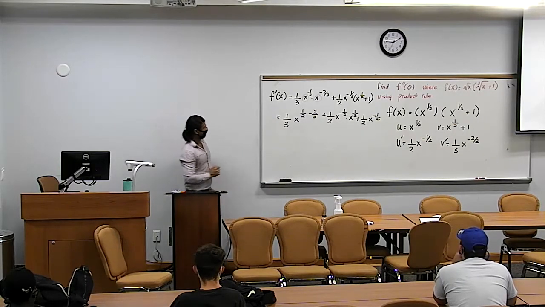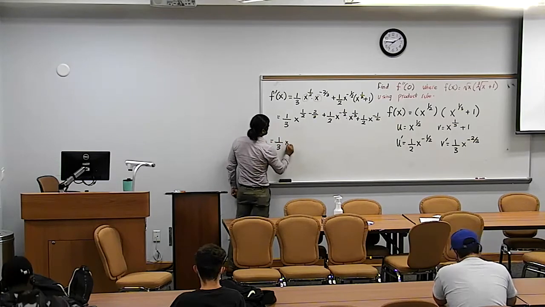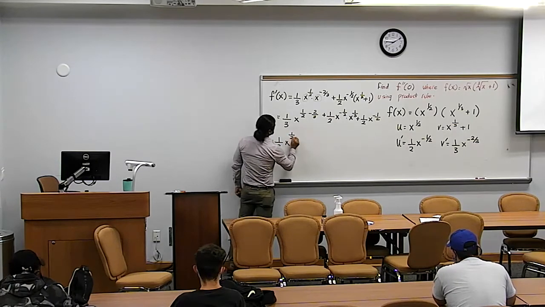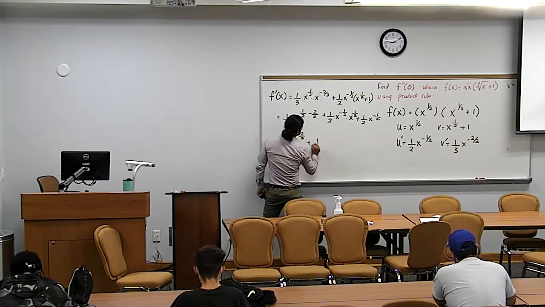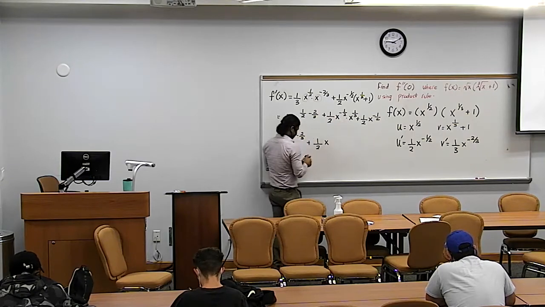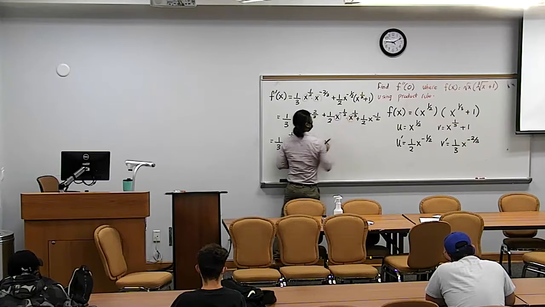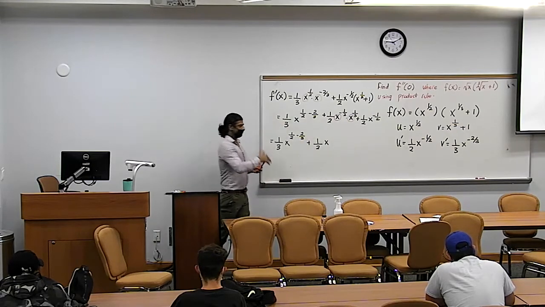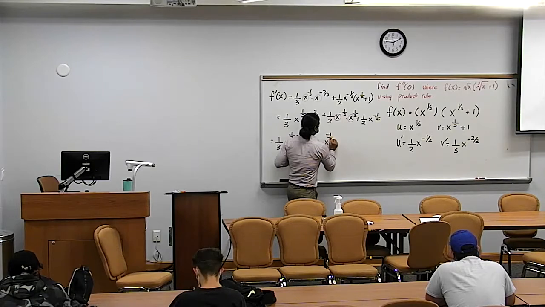Good. Bases are identical, in other words, we have x, x. So we add the powers. Negative 1/2 plus positive 1/3.